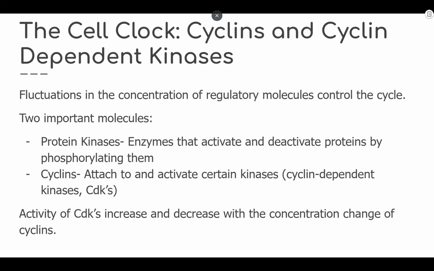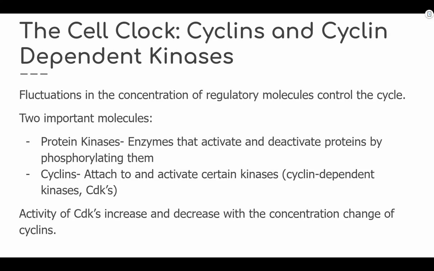So we talked about these in phosphorylation cascades, right? When we had one protein kinase that phosphorylated another protein kinase that phosphorylated another, and so on and so forth. These also come back in the cell cycle because the cell cycle depends on cell signaling. And then we have cyclins.